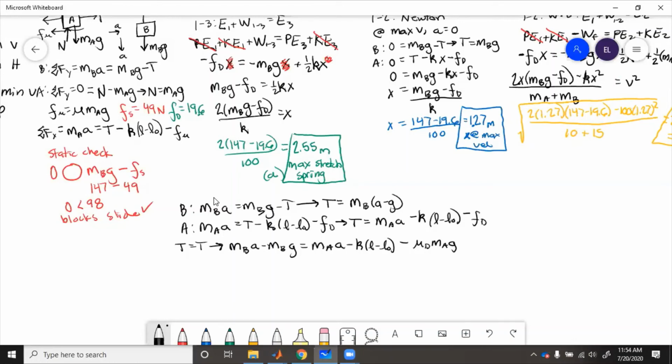But here, in order to solve this, we need everything in terms of x, that's stretching distance.